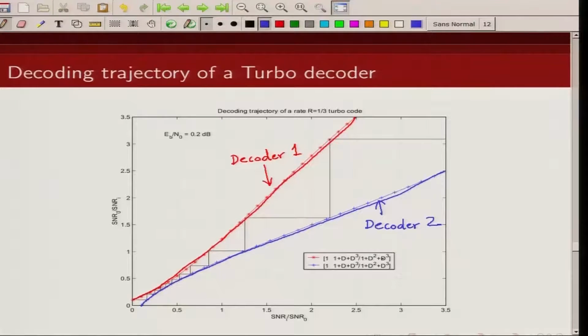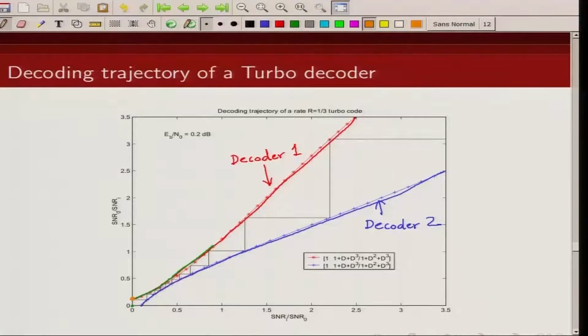They are the same encoders; this is a symmetric turbo code I am considering. So, how do I start? Initially I look at the transfer characteristics of the first decoder. Initially I do not have any a priori knowledge, so I start from this point and look at this curve.